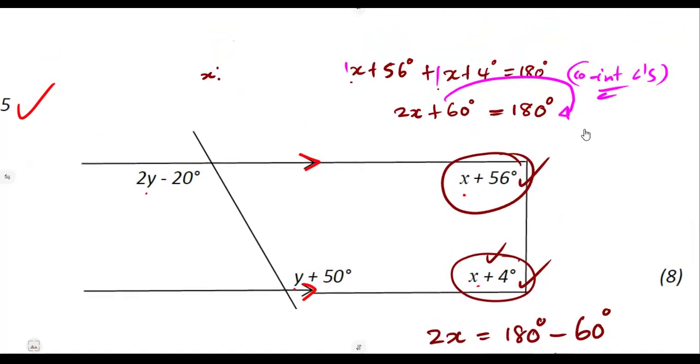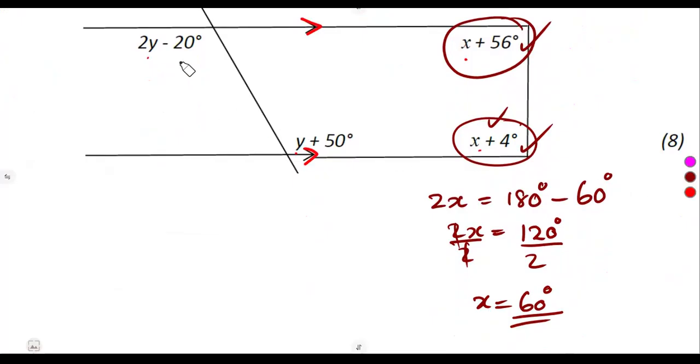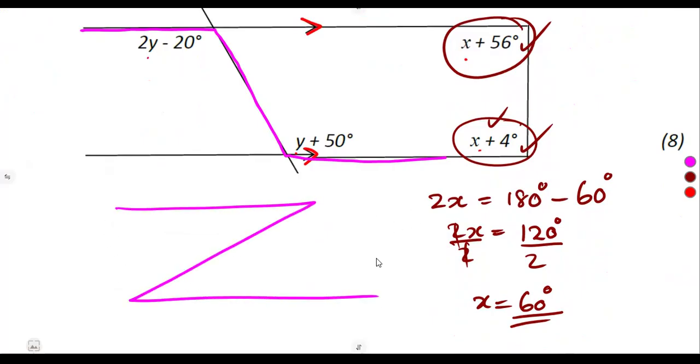That's for x. What about for y? To find the value of y in this case, we can see on this side, there is a Z that we are forming here, a stretched Z, a Z which is being stretched. But that does not stop it from being a Z. Alternate angles, which are equal.